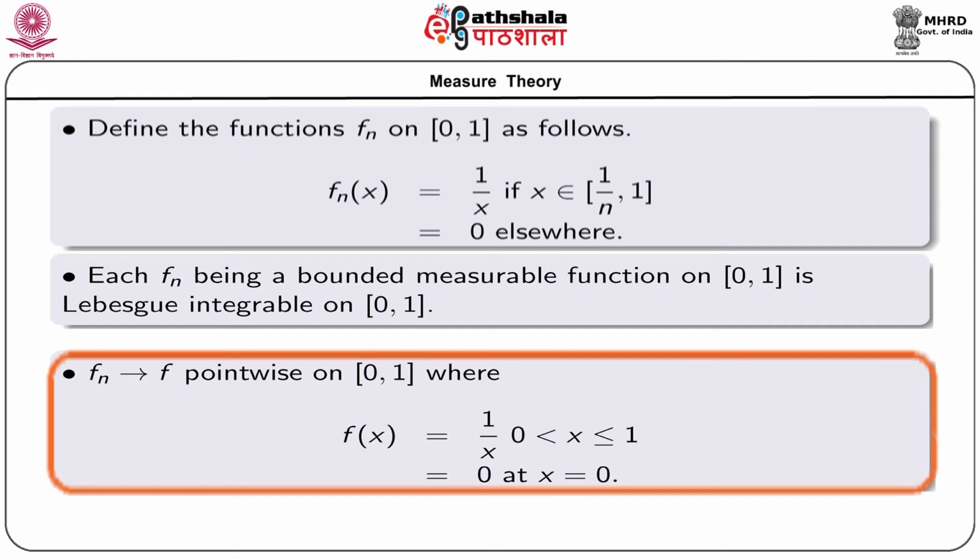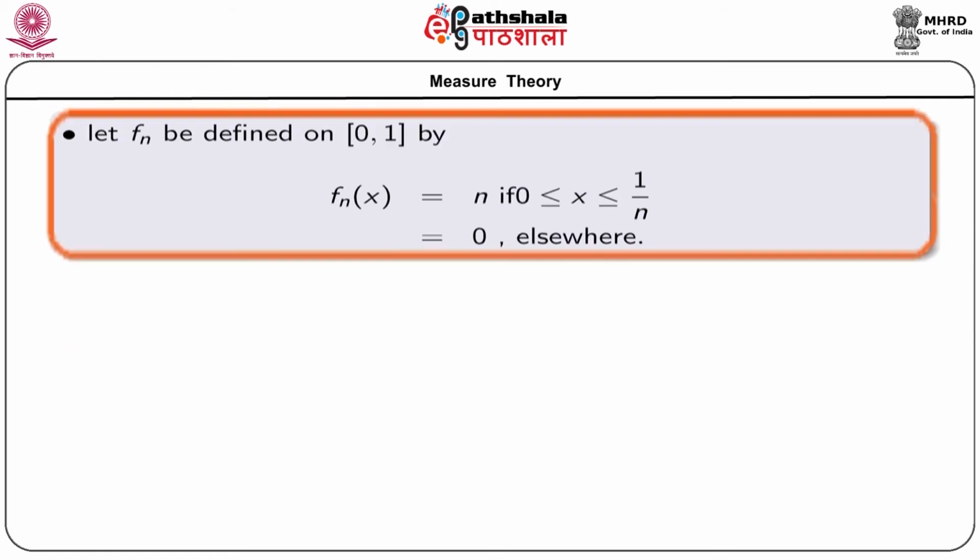But see that this sequence f_n pointwise converges to the function f, where f(x) is equal to 1 by x for 0 less than x less than or equal to 1, but it takes the value 0 at x equal to 0. But this particular function f is not Lebesgue integrable. So, here we have a sequence of functions which are Lebesgue integrable, but the limit function is not Lebesgue integrable.